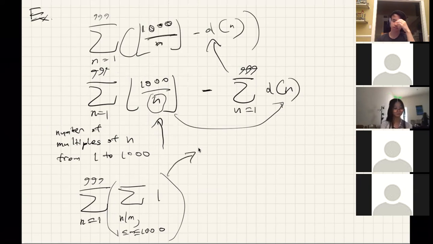So the key here, as I've told you before, is that we've created a nested summation, so we're going to switch the order of summation. Instead of summing over n, we're going to sum over m from 1 to 1000.